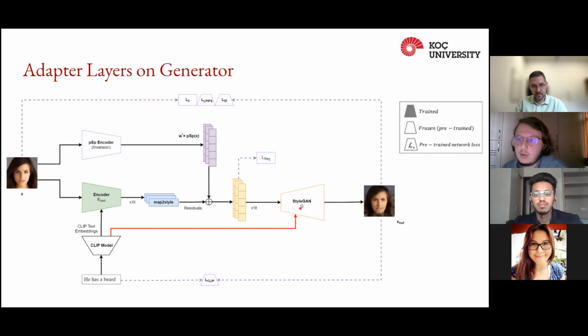But we are looking for ways to adapt this generator as well to our purposes. So our idea was to add adaptive instance normalization layers, like we added in the encoder, to this StyleGAN generator, and train only those layers while keeping the other layers fixed. So currently we are experimenting with this. It's not working quite well, but we are trying to debug this.